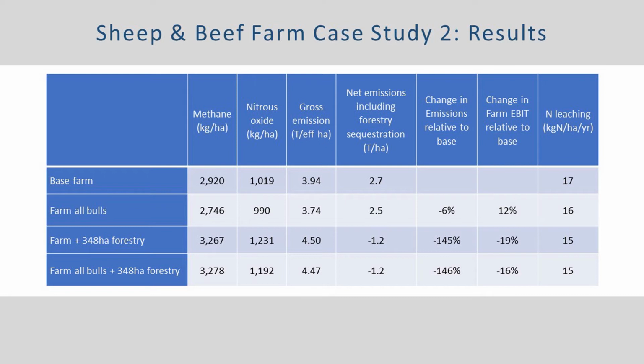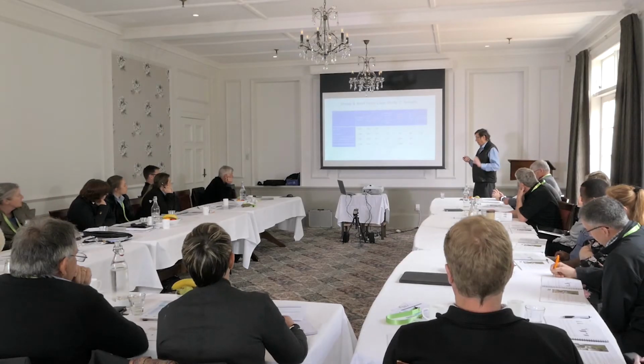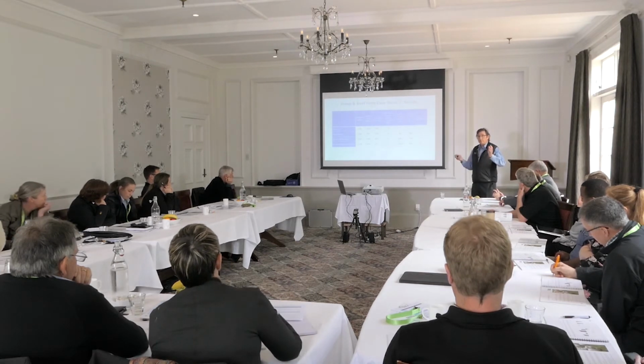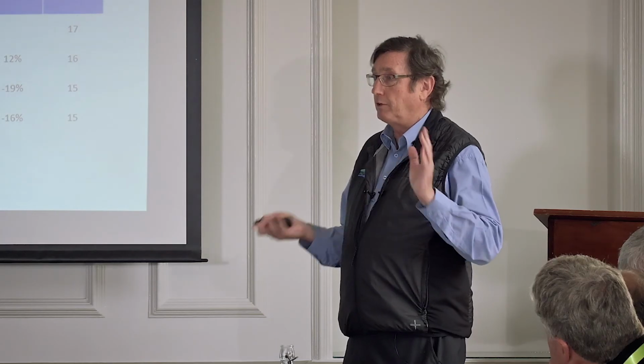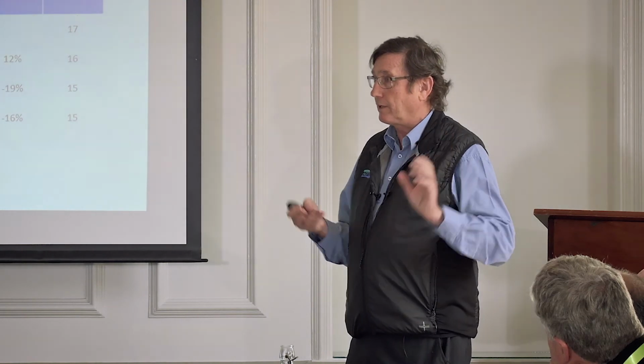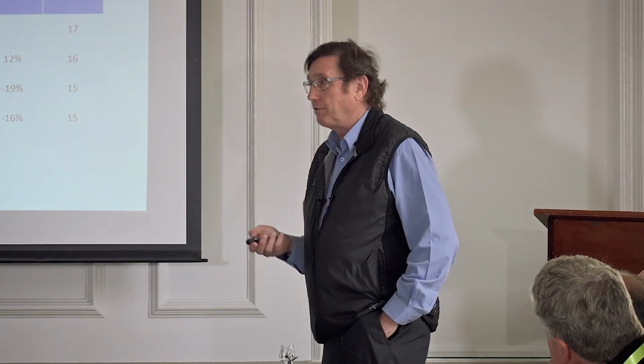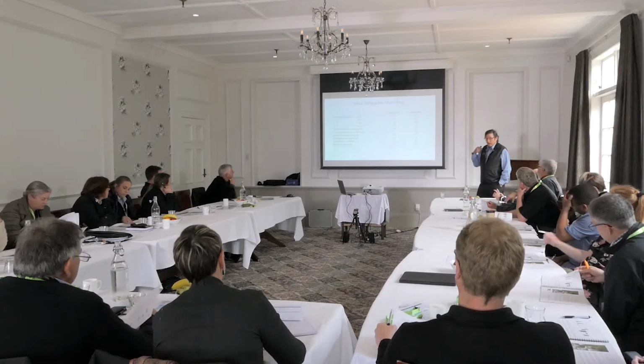Those figures are per pastoral hectare, so per pastoral hectare our emissions have actually gone up. That goes back to the point I raised right at the start: when you're doing farm analysis overseas, you've got to think about exactly what's happening to your effective areas and that sort of thing.